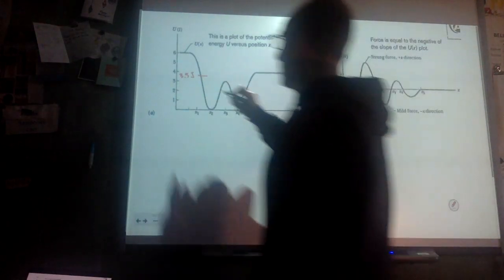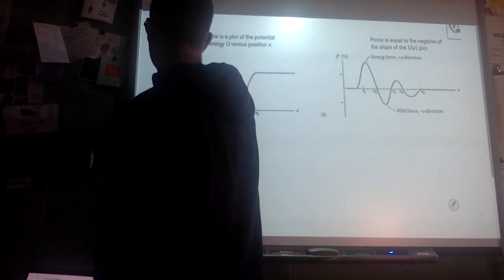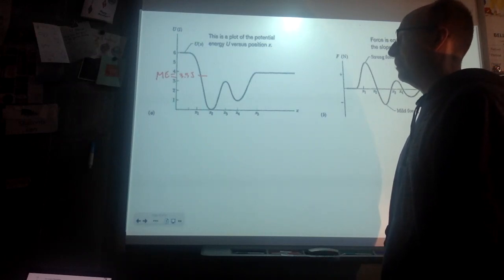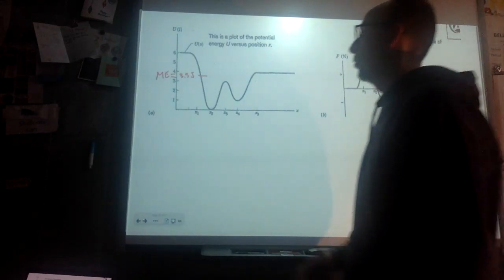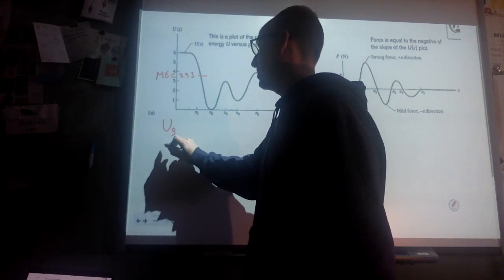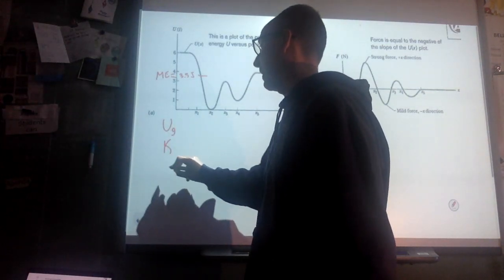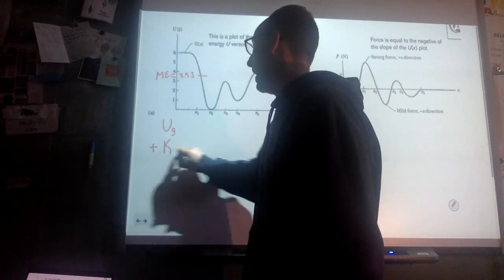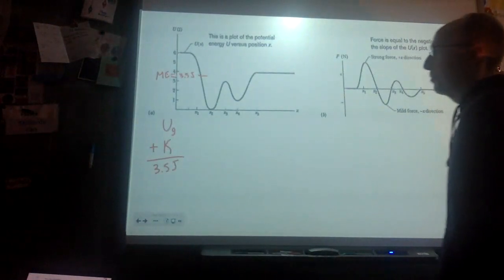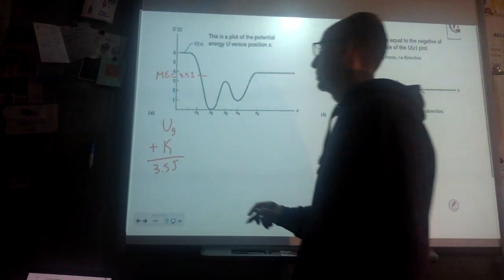That is going to be my total mechanical energy. They might ask you at different places, what is your potential energy of position and what is your kinetic energy? These two added together are always going to have to be 3.5 joules.